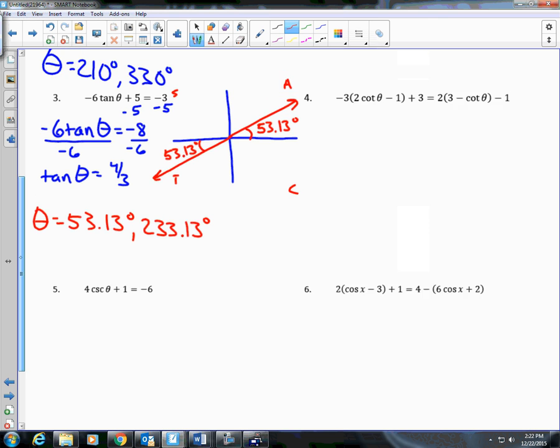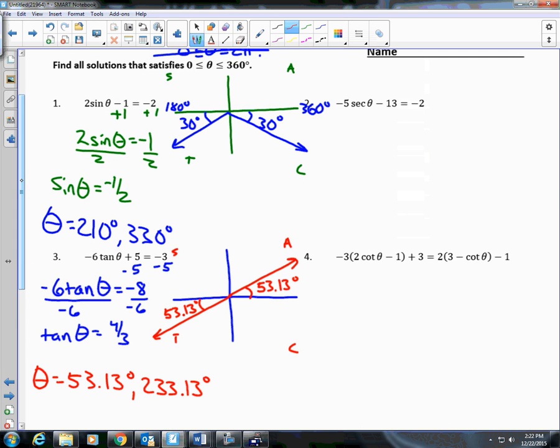We're going to go back to 2. What might make problem 2 more difficult? Secant. But it's really not that big of a deal as long as you can just remember one piece. If you flip secant, what do you get?